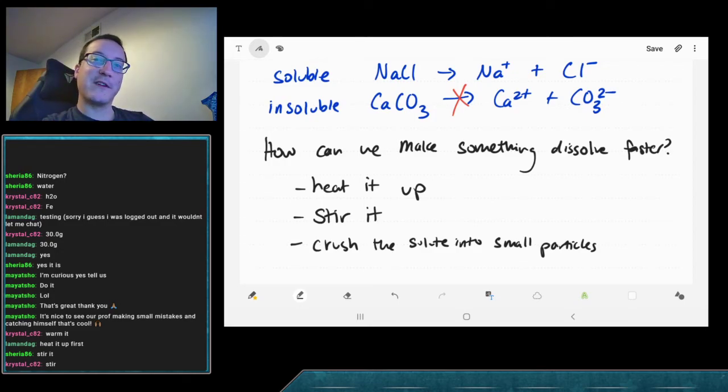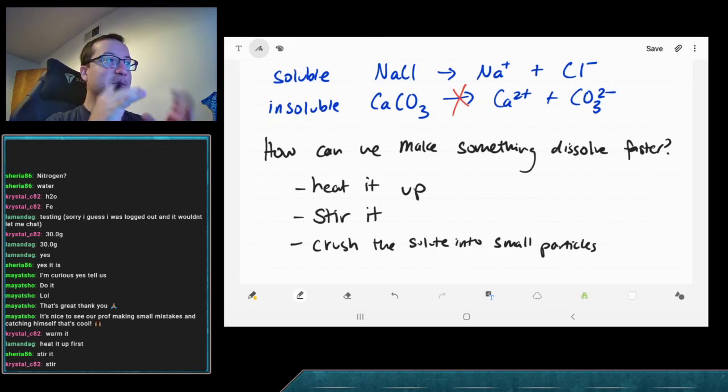Super fine sugar is going to be able to dissolve in our liquid much more easily than something like rock candy, which would take a long time. So we kind of have three ways here, and they all help the water to get in there. By heating it up, that's making the water molecules move faster, right?